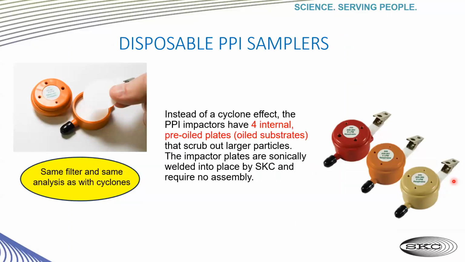All right, so how does the PPI work and why is it better, you may ask? Well, instead of a cyclone effect, the PPI has 4 internal pre-oiled substrates that scrub out larger particles. The section holding these plates is sonically welded into place by SKC and therefore requires no assembly. I will give you more detail about the different colors of PPIs that you see here in just a moment.